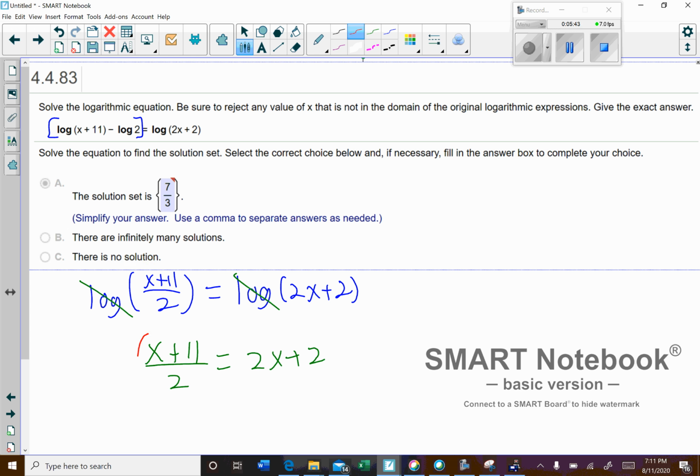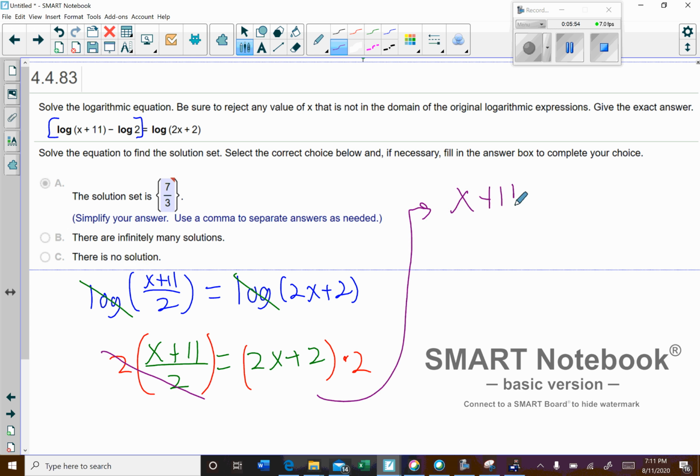So we'll start by multiplying both sides by 2. And so that cancels out. And so we're left with x plus 11 equals, let's see, when I distribute that, it'll be 4x plus 4. And then I'll subtract an x from both sides.